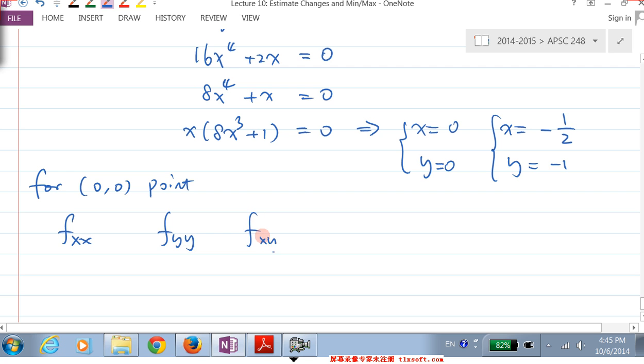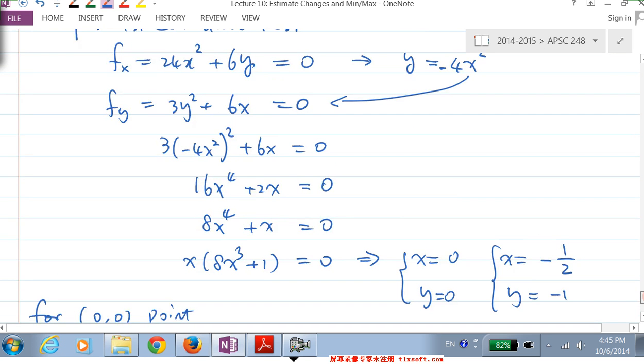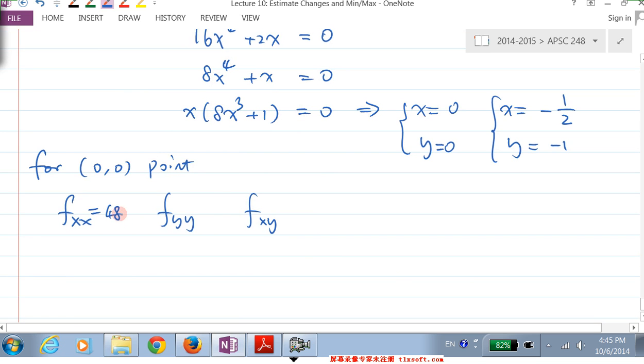And what is the fxy value? You already have fx here, so fxx is 48x, fyy is 6y, and fxy is 6. That's, in general, what fxx, fyy, and fxy are.